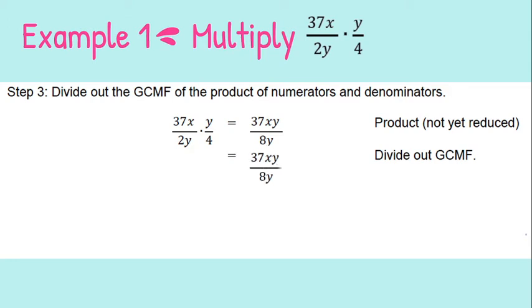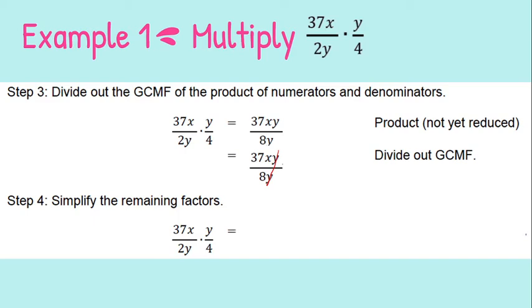The y's cancel because that is the GCMF. Now simplify the remaining factors. The remaining factors are 37x over 8, which is the product in reduced form. This is now the final answer.